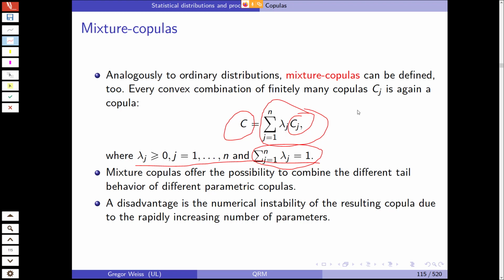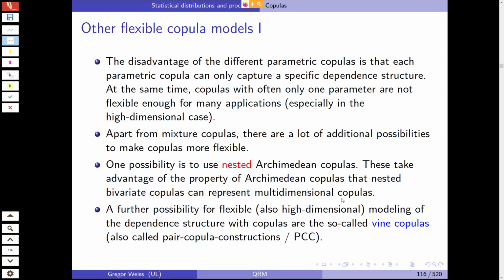The same goes for copulas. If you mix copulas via a convex combination, you get a new copula, and we call these mixture copulas. One advantage is that you can combine many different tail behaviors of different parametric copulas. The disadvantage is that it is numerically unstable and you have a rapidly increasing number of parameters, and this is done in high dimensions, so you need even more data to estimate these mixture copulas.